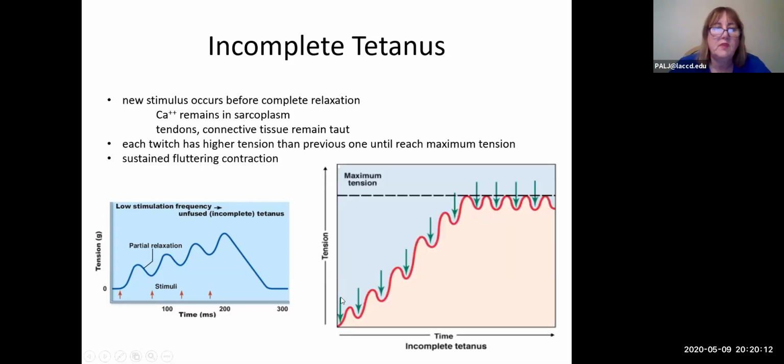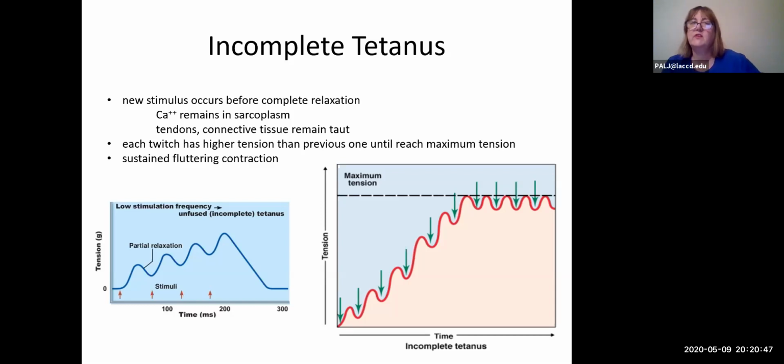So we are going to continue with incomplete tetanus giving us wave summation until the muscle hits the maximum tension. After that, we can't go to a higher tension, so we will have relaxation and a new action potential brings us back up to maximum tension, start relaxing, back up to maximum tension, go back down, back up. And so we're going to have the sustained fluttering contraction that occurs in incomplete tetanus.